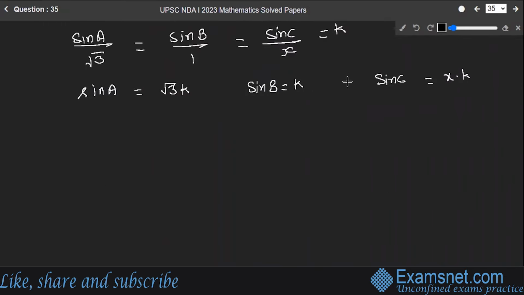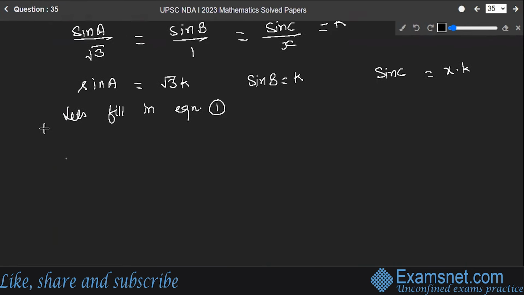From this main equation, filling in all the values: a + b + c is 1 + root 3 + x, equal to 2 into (root 3 k + k + xk).